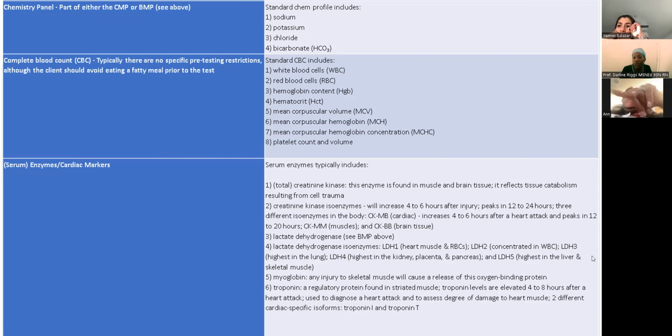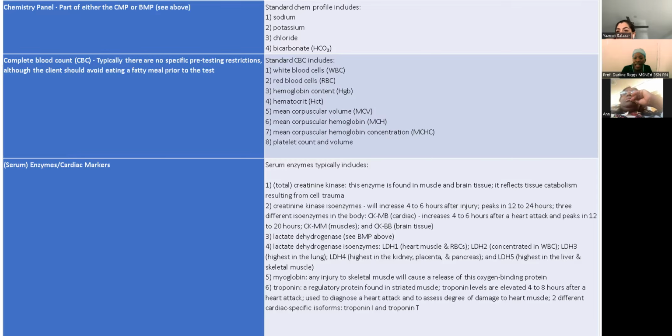So we pull also what's called the creatinine kinase MB, and that would be for cardiac muscle tissue loss that we're looking at. We can also pull the CKMM for striated muscle, and then we could pull the CKBB for brain tissue for your stroke clients. So because we're talking cardiac clients for this session, we're going to stick to the CKMB, okay?